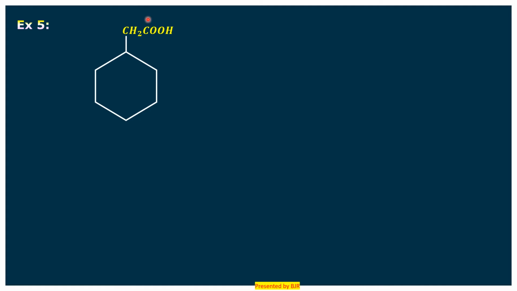This parent chain contains a chain terminating functional group. For that reason we should give the number 1 to the carbon atom in the functional group, then 2. And this ring should be treated as the substituent.